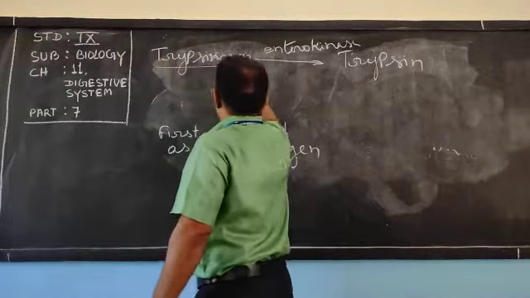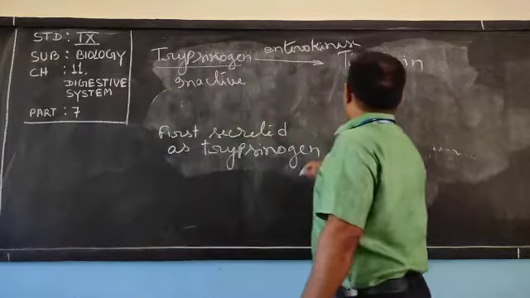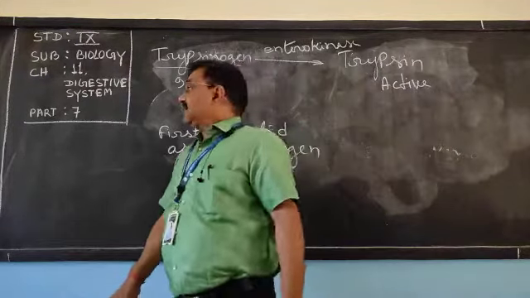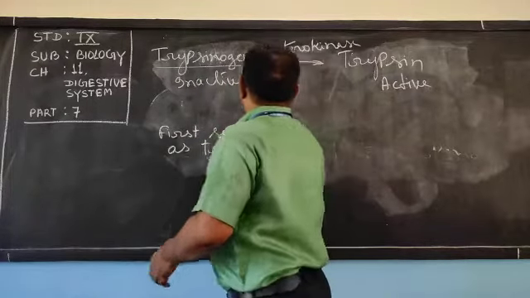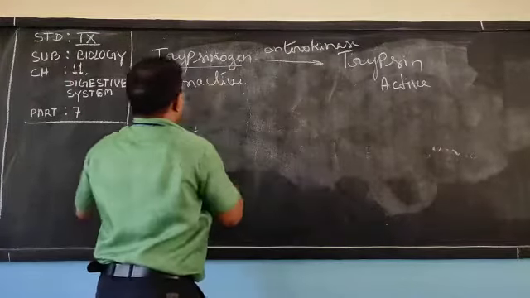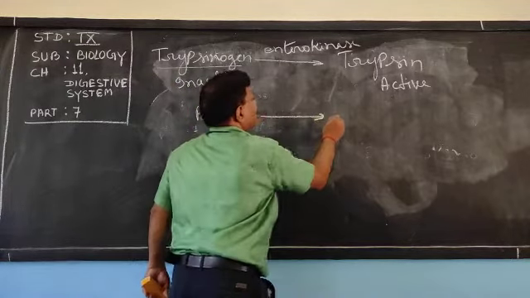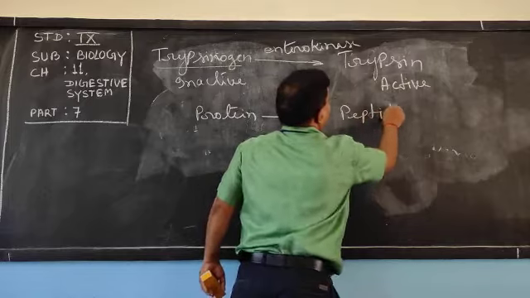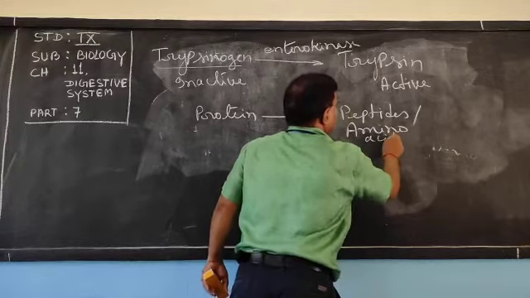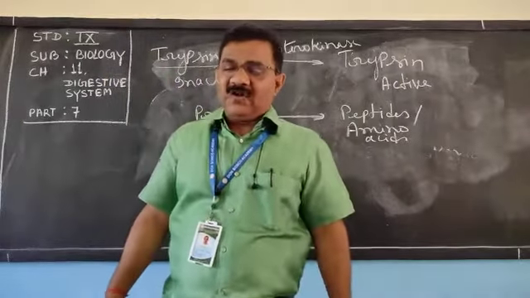Trypsinogen, which was inactive, will become active, and when it becomes active, protein will be converted to peptides or amino acids. So it is very clear that trypsin helps in the digestion of protein.